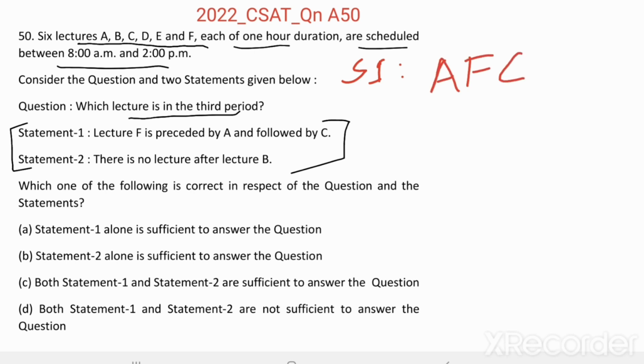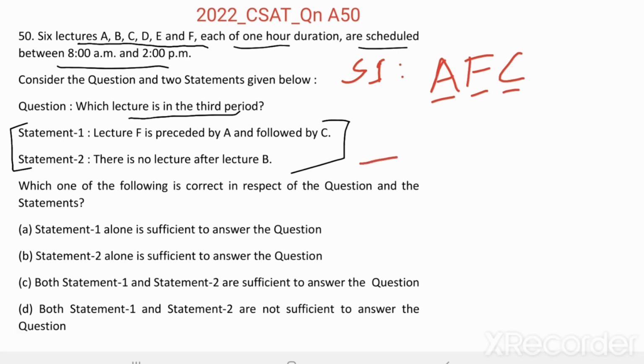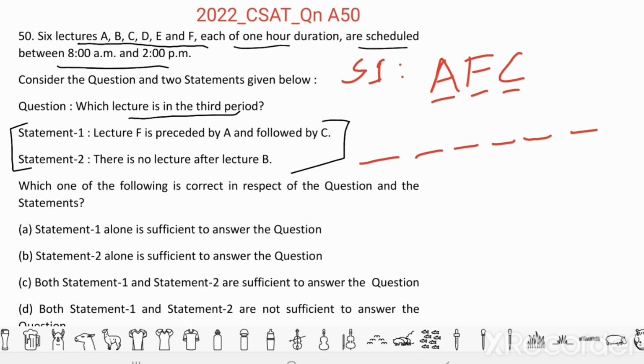So based on the first statement, we can only say these A, F, C lectures are together, and these can be placed anywhere in this 6 period duration.